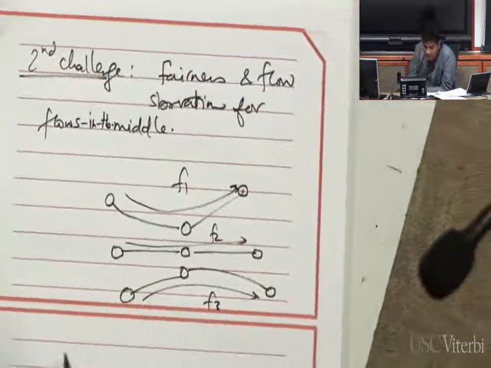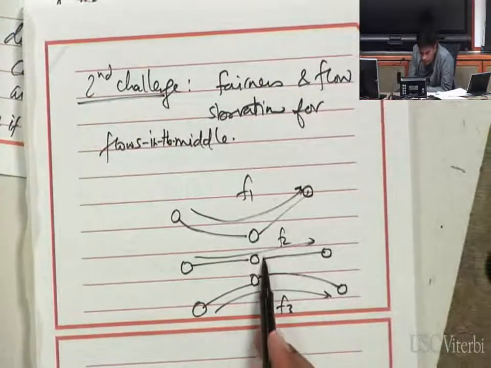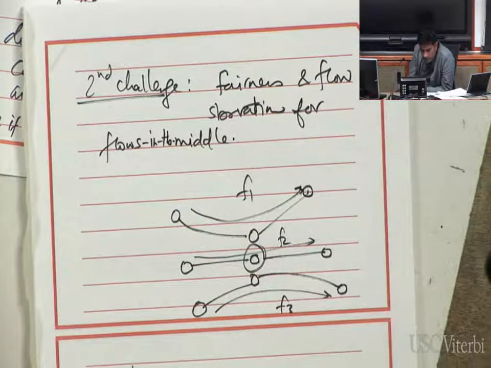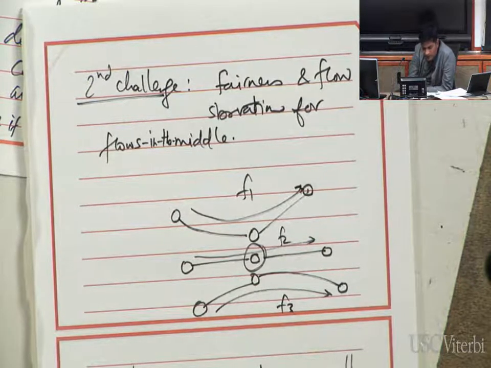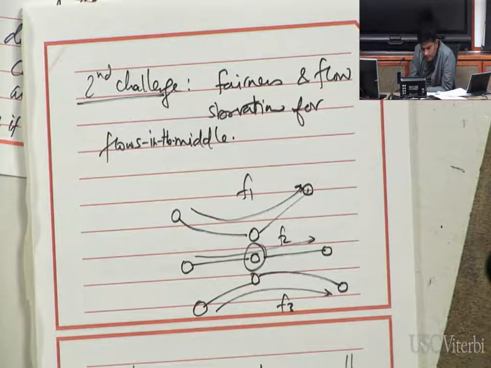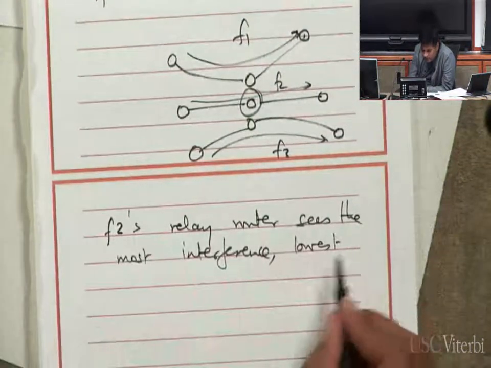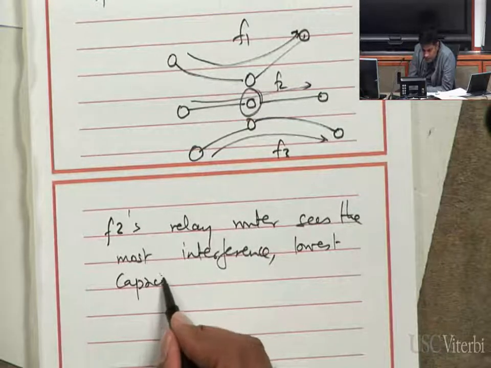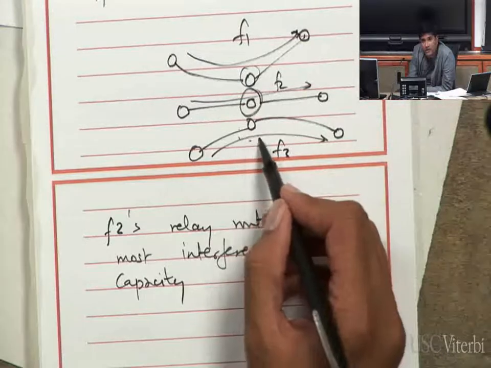So what happens in this system if you employ TCP is that flow 2, and in particular this relay router, sees the most interference, and hence has the lowest capacity among the three relays that you have.